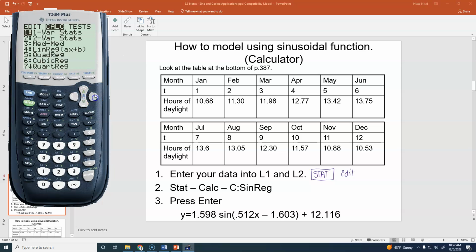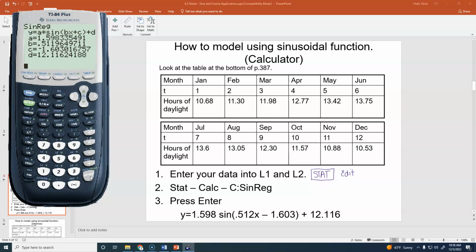So you're going to go over so that you can select Calc. And then I think it is the very last one. On mine it's the last one, but you guys may have more options than me. C is SinReg. That is your sine regression. And you're going to hit enter and then enter one more time.